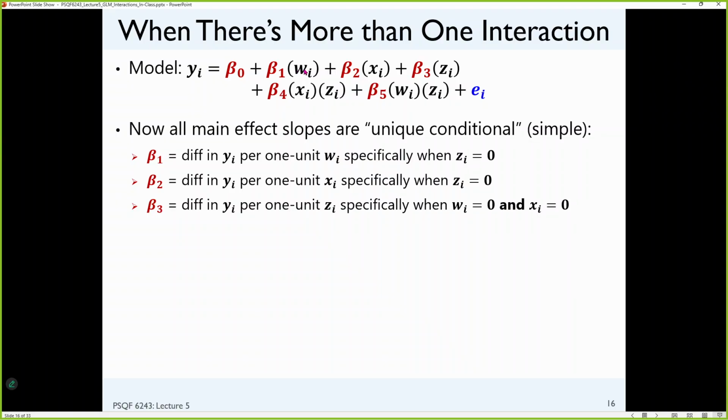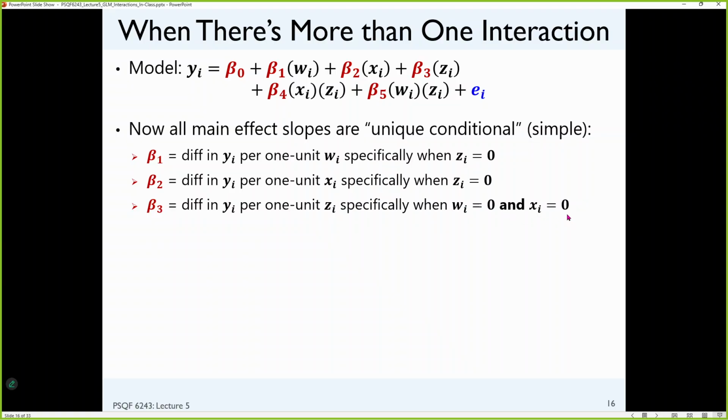So I've got to look through the list and say, okay, here's W. The only other spot that I see it in is this interaction, so that means that this W slope beta 1 is specific to when Z is 0. It's not conditional on when X is 0 because it doesn't interact with X. Likewise, X only interacts with Z, therefore beta 2 is specific to when Z is 0 for the same reason, but Z interacts with both X and W. So because it interacts with both, it's conditional on both.